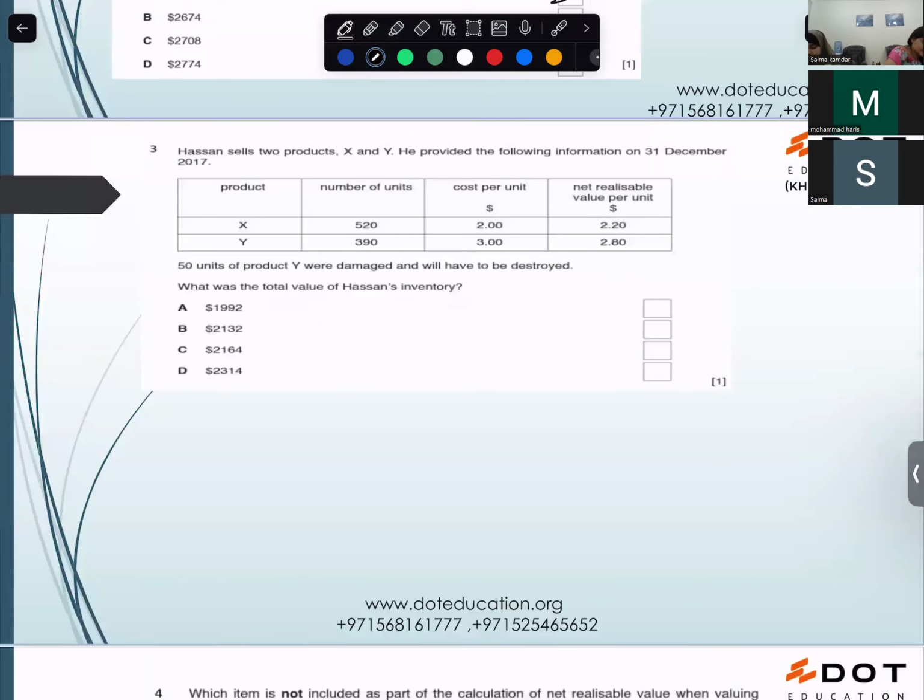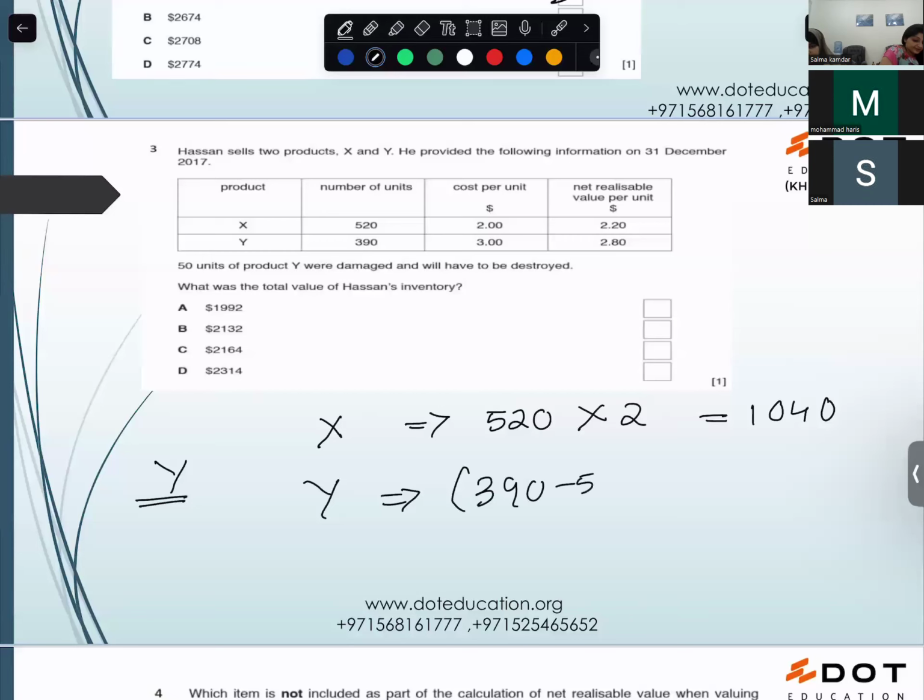Product X. So the answer is going to be 1992. How? Come on. 520 times 2. 1040. Okay. And for product Y, 50 products were damaged. 390 minus 50, 340, because 50 units were damaged.